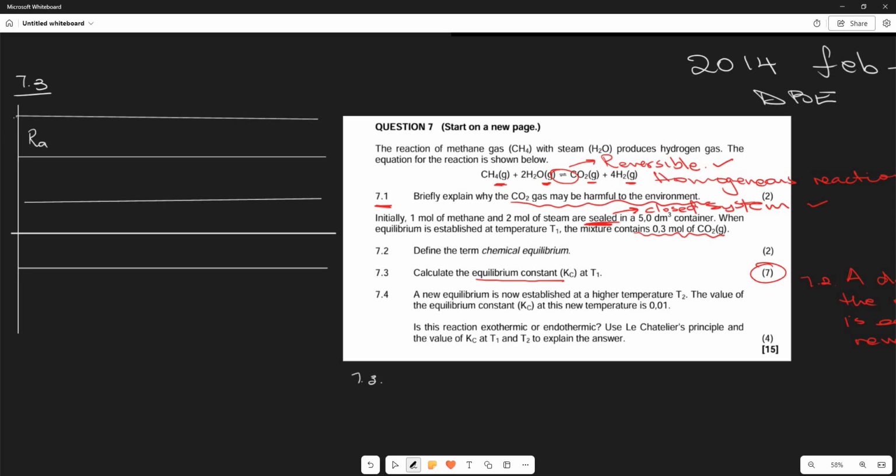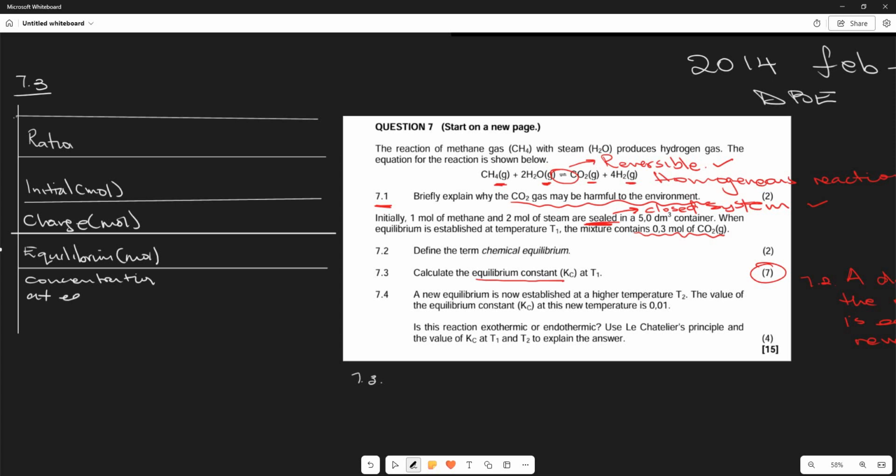So we have ratio, we have initial in moles, we have change in moles again, we have equilibrium, and note that you can do this using concentration throughout.